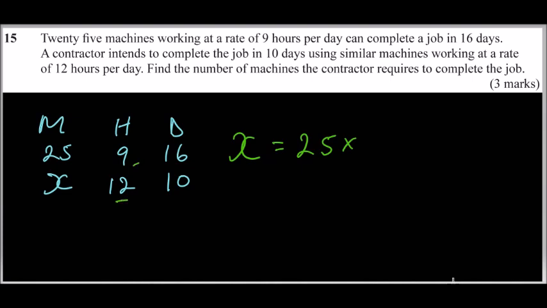So the machines will decrease in the ratio of 9 is to 12. Then if you decrease the number of days from 16 to 10, what will happen? You need to increase the machines, in the ratio in which you are reducing the number of days. So it will be 16 divided by 10.